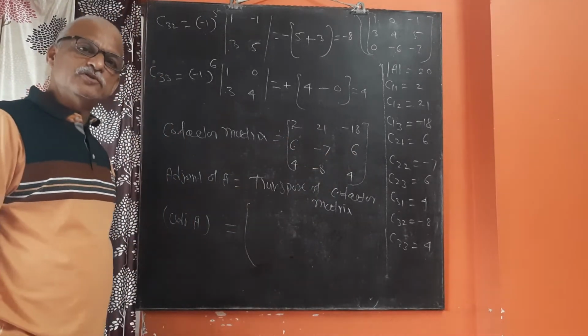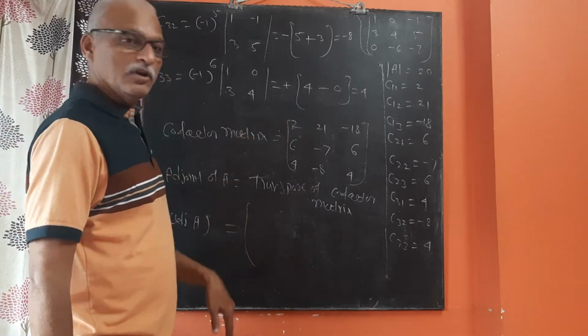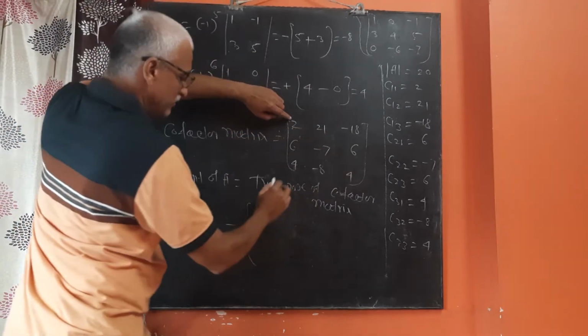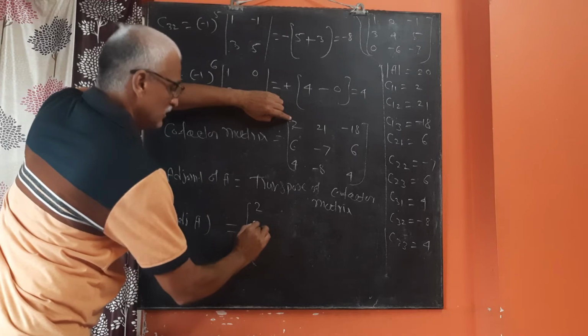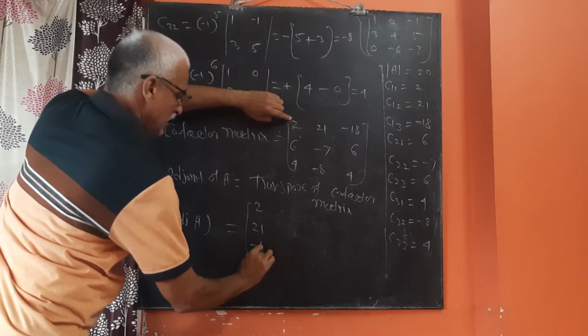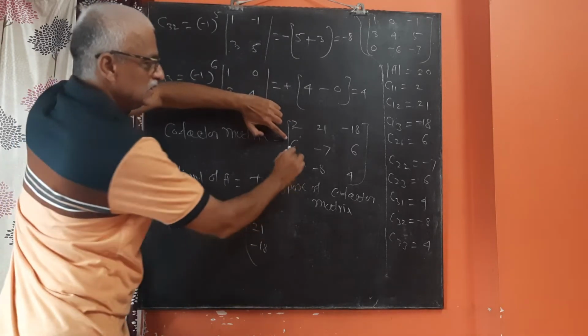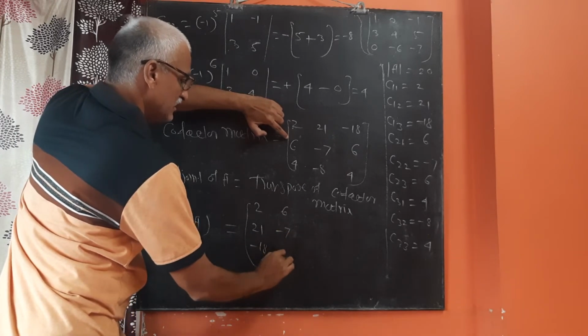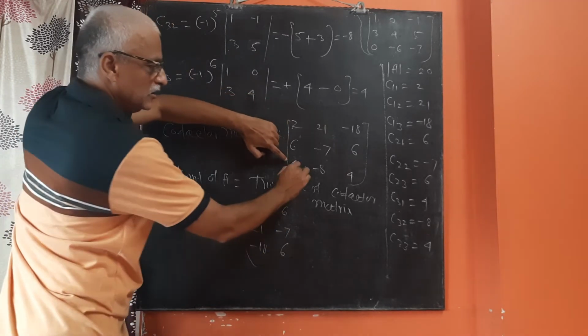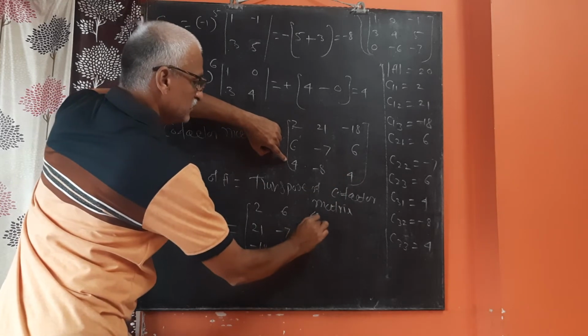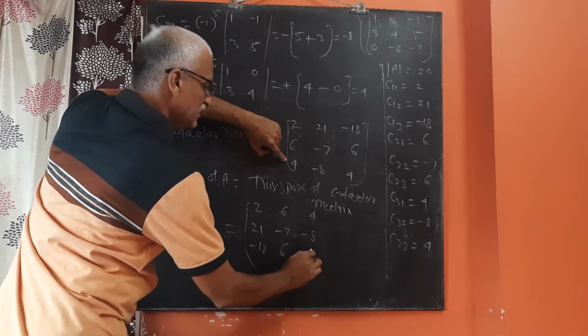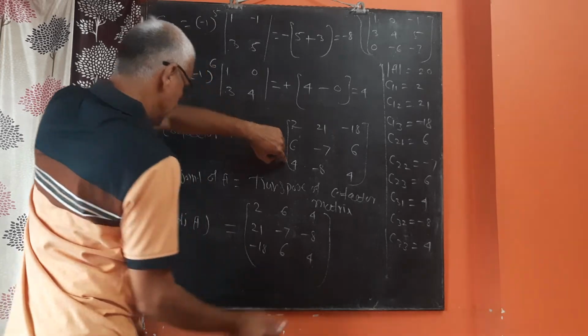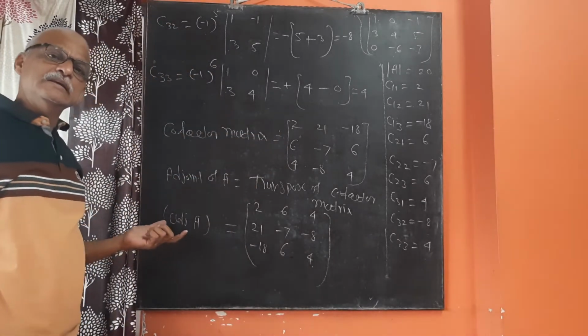What is meant by transpose? Row into column. So this first row will become the first column. So this will be 2, 21, -18. The second row will become the second column, so 6, -7, 6. The third row will be the third column, that is 4, -8, 4. That is the adjoint of the matrix.